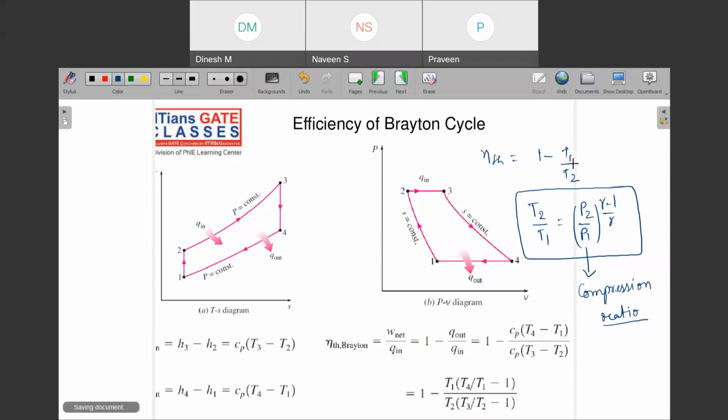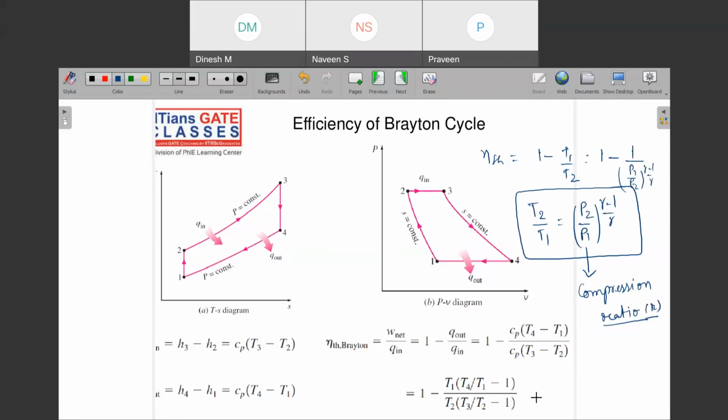So this is nothing but 1 minus 1 upon r. Why? Because T2 upon T1 is P2 upon P1, so I can write this as P1 upon P2 to the power (gamma minus 1) upon gamma, and I told you that this value is r.